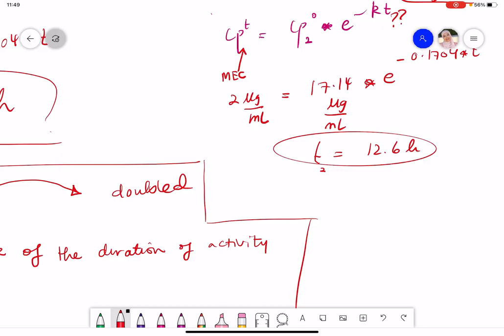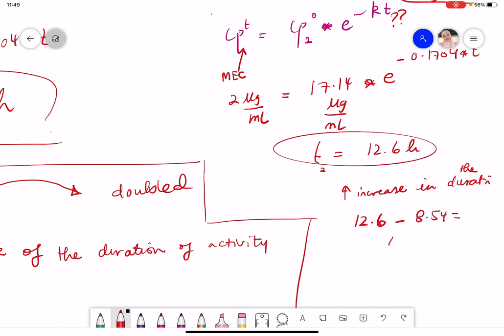Did we finish the question? No. The question is asking about the increase or the change in the duration of action. So this would be whatever we have right now, the new one, minus whatever we had before.